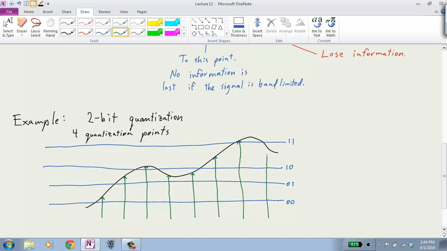Okay, so our sampling process just replaces the black line with these green delta functions. And if it was band limited, we can recover. But then the quantization is going to go through and say, okay, we're throwing away everything except we're going to round these to the nearest quantization point. So these red dots would be the quantized version. I'll suppose that rounds here, down.